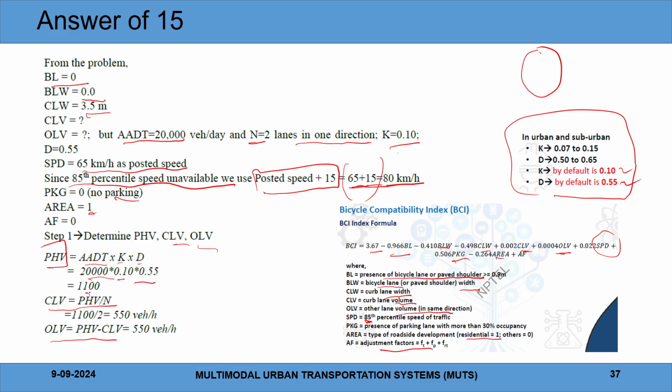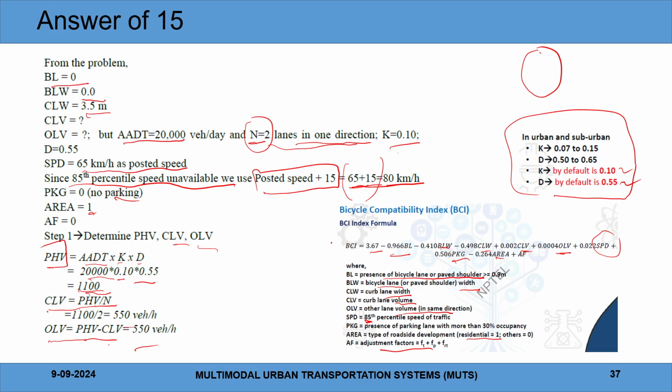So it will come as 1100. Now CLV is PHV divided by N. There are two lanes in one direction, so that will be N. And OLV is PHV minus CLV. This PHV 1100 minus 550, so 550.